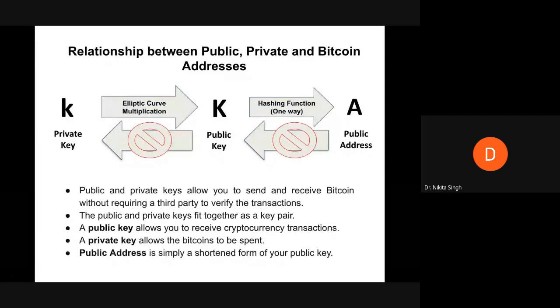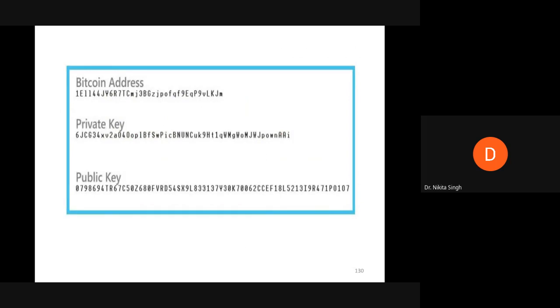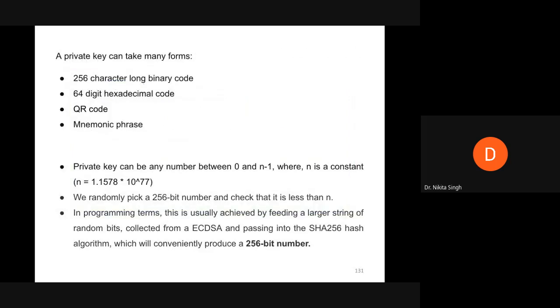So, when you install Bitcoin software, it will ask you to generate your private key. And they use a lot of algorithms in order to generate the private key. Mostly what the operating systems do is, they will ask you to randomly pick a 256-bit number.